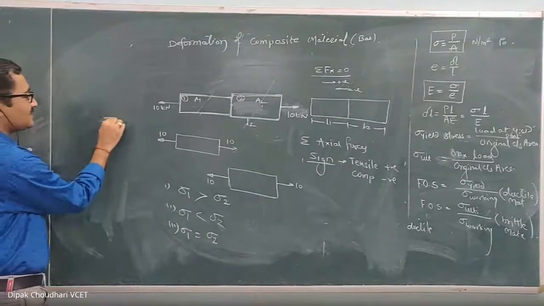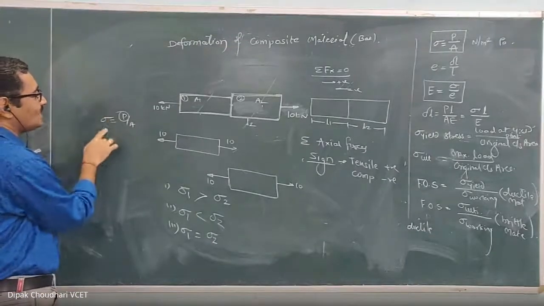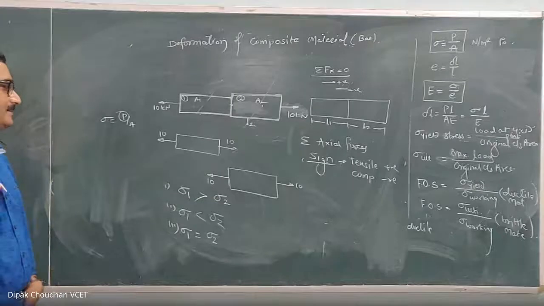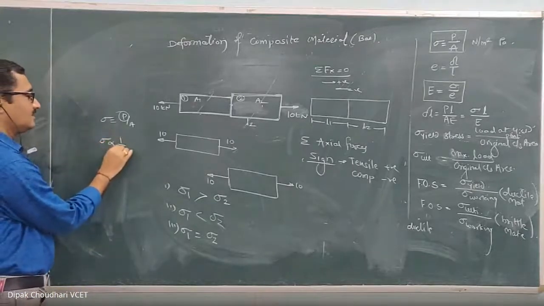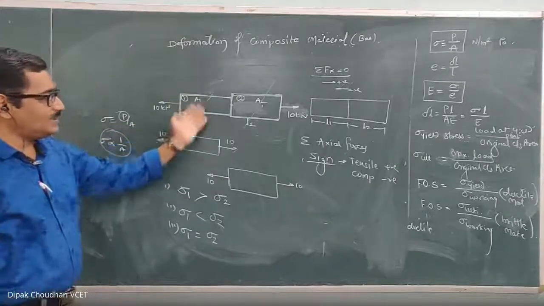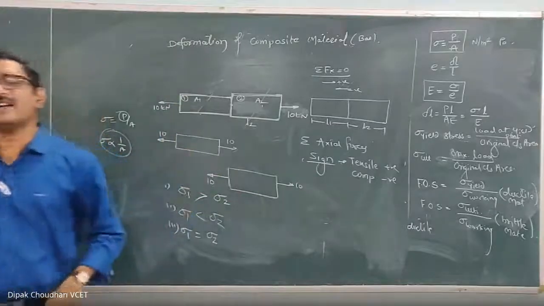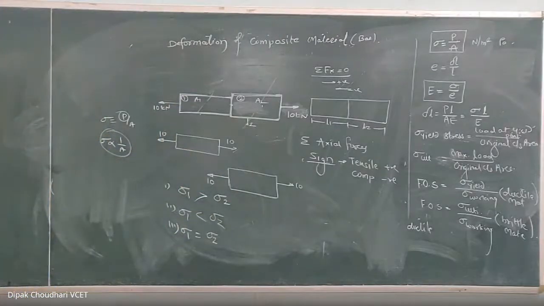Just now I told you that stress equal to P upon A. If P is constant, the stress is inversely proportional to A. Tell me in which part the maximum stress will be induced. Unmute yourself and tell me the answer.